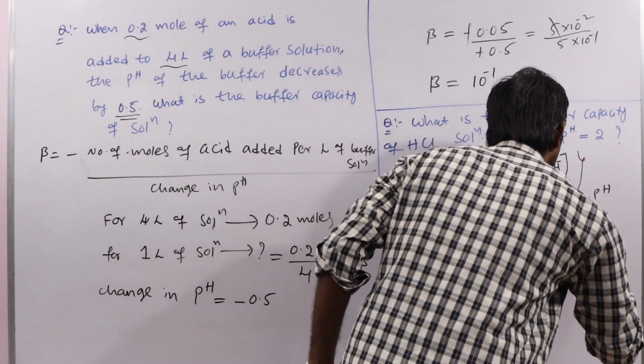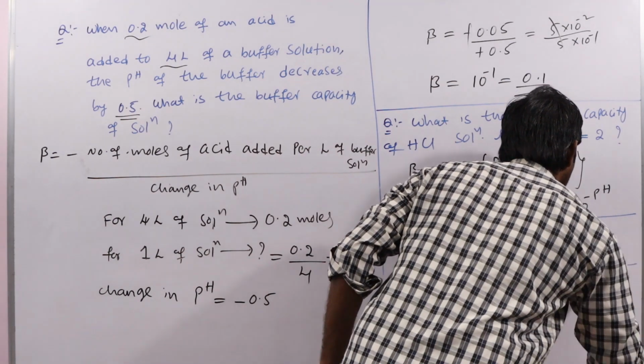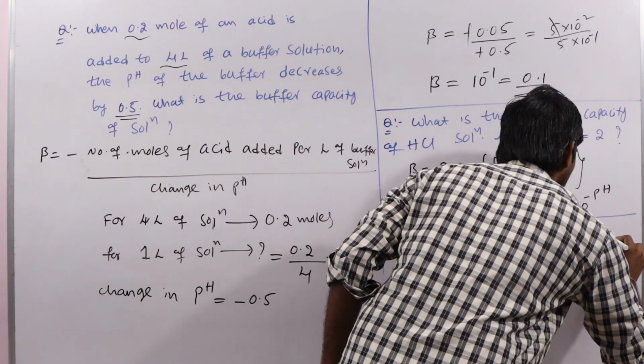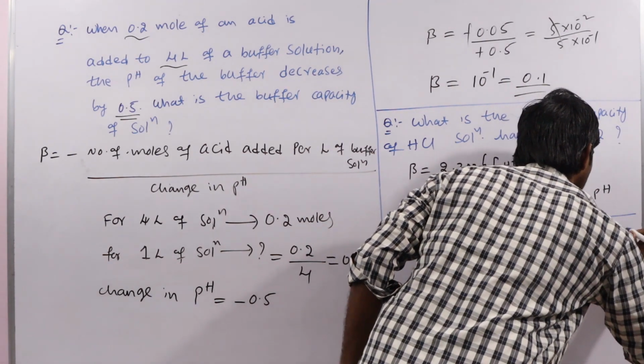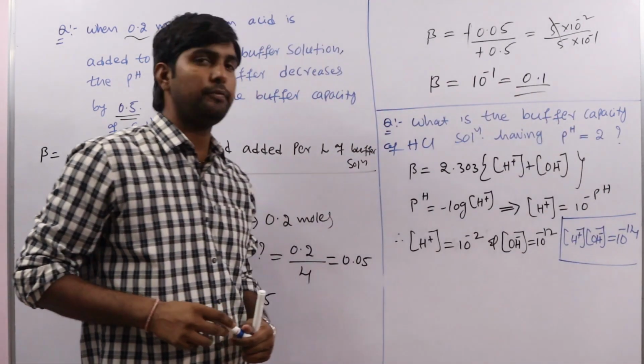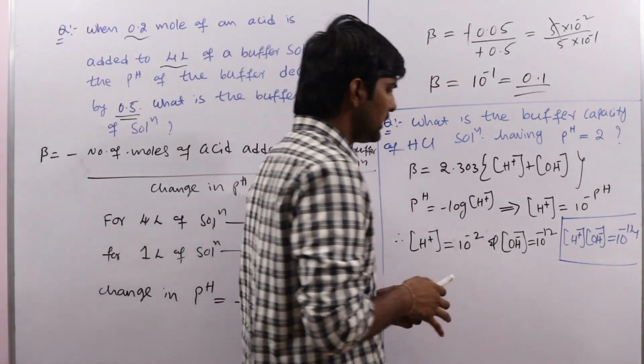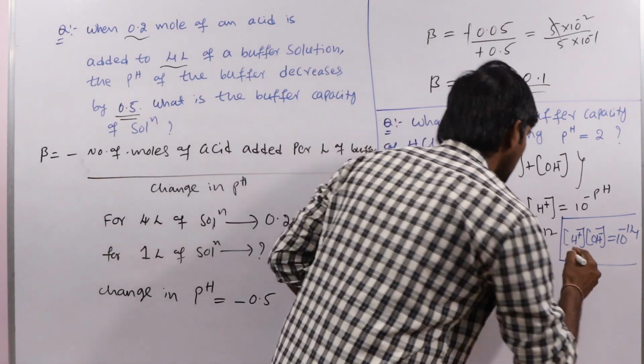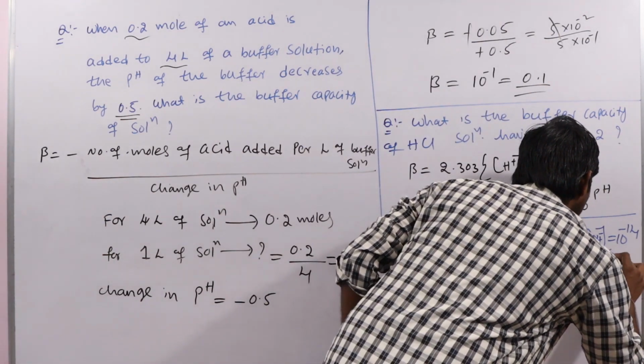How are we getting this? Very simple. We have a relation that H plus ion concentration into OH minus ion concentration is equal to 10 power minus 14 at 25 degrees centigrade.